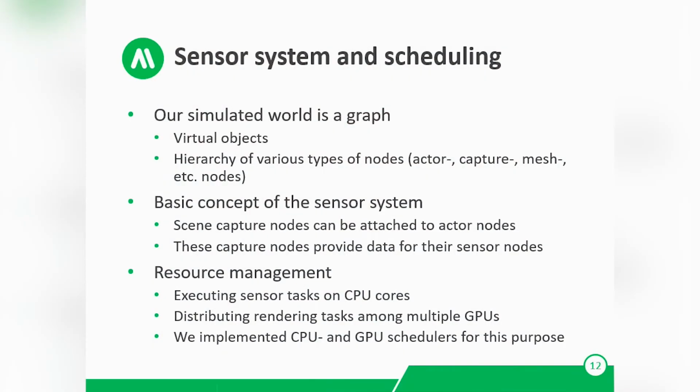To make this robust system work, we have to manage our resources well. So we designed the system in a way that it can execute multiple tasks generated by the sensors simultaneously on CPU cores.